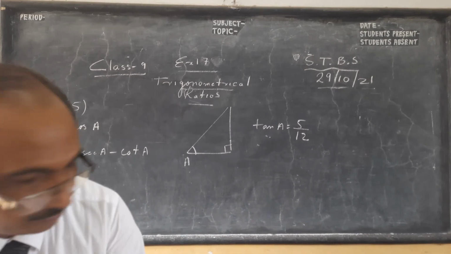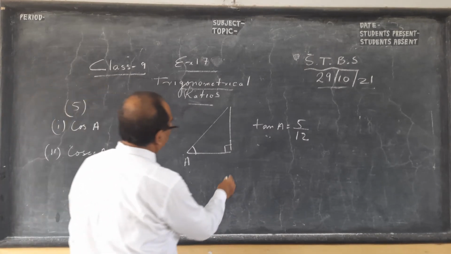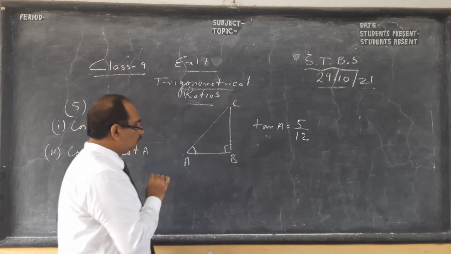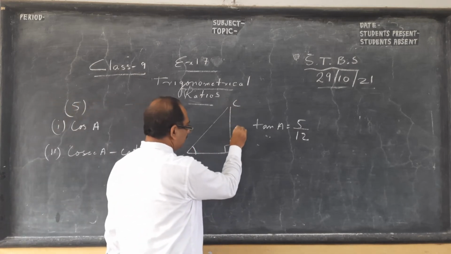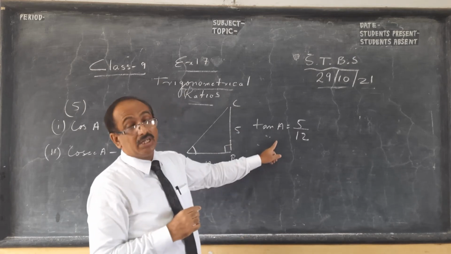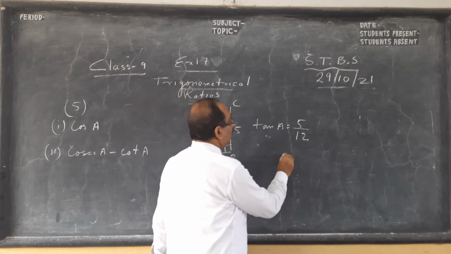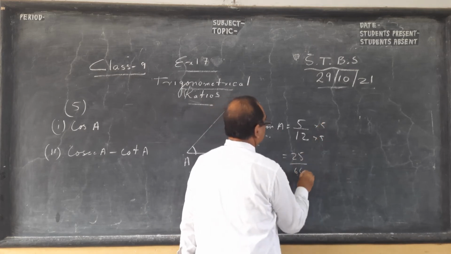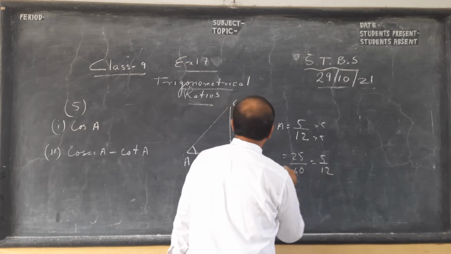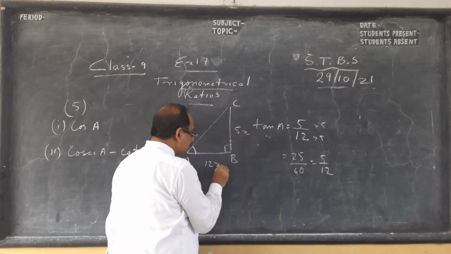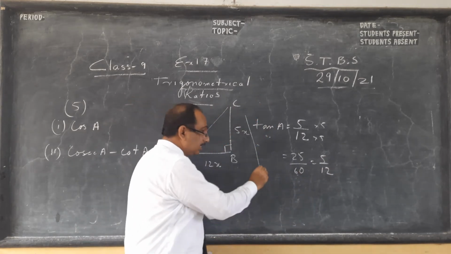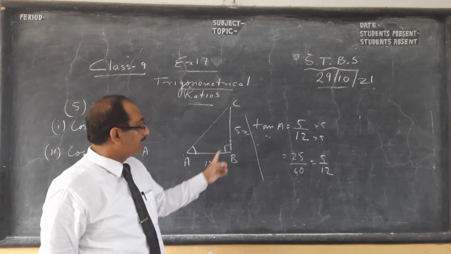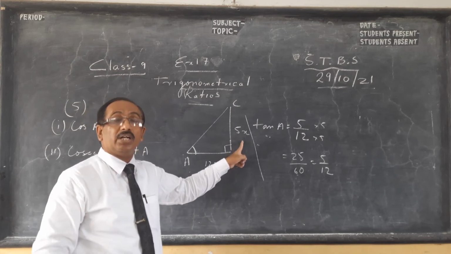Okay. So, one thing I'll tell you over here, tan is a ratio. You can take it BC, we are concerned about A. So, tan A is 5 by 12 means this is 5 and 12. But remember, it's a ratio. Suppose this is 25, multiplied by 5, and this is 60. This is also 5 by 12. So here I'll take it as x. When you multiply a ratio by x, it becomes a reality, and x is called a multiplying factor.